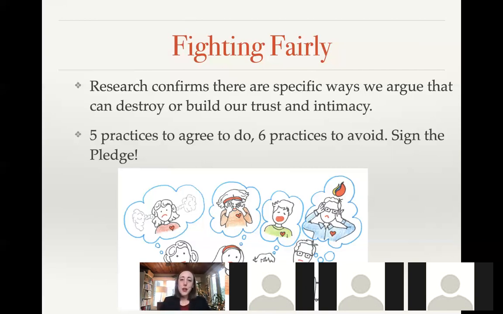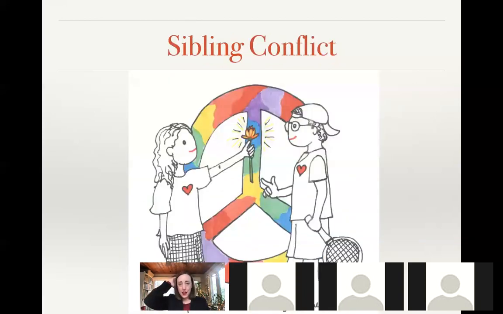I will also, in a follow-up to this, send out the Fighting Fairly Family Pledge. It is a one-pager that lays out 5 practices to agree to, 6 practices to avoid, and your family goes over it together and you sign it together so that you really agree on these ways to fight fairly.